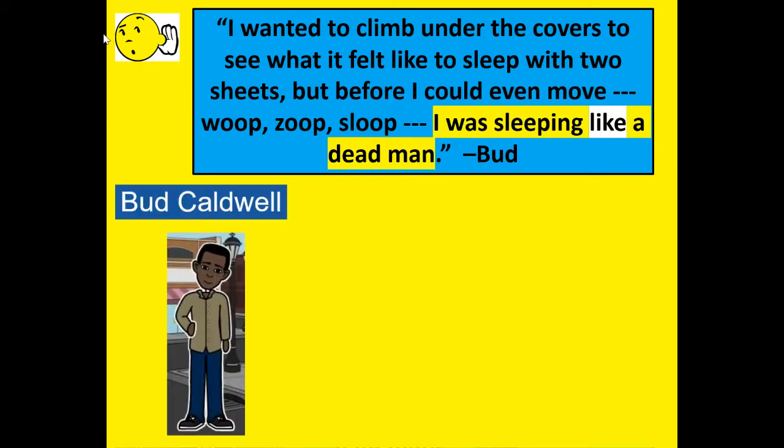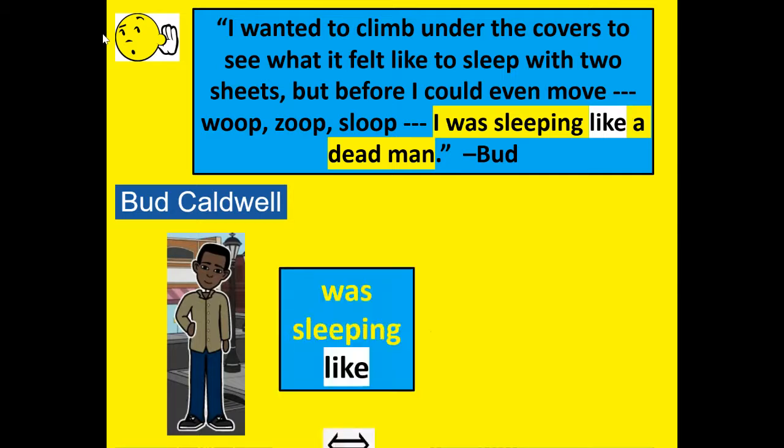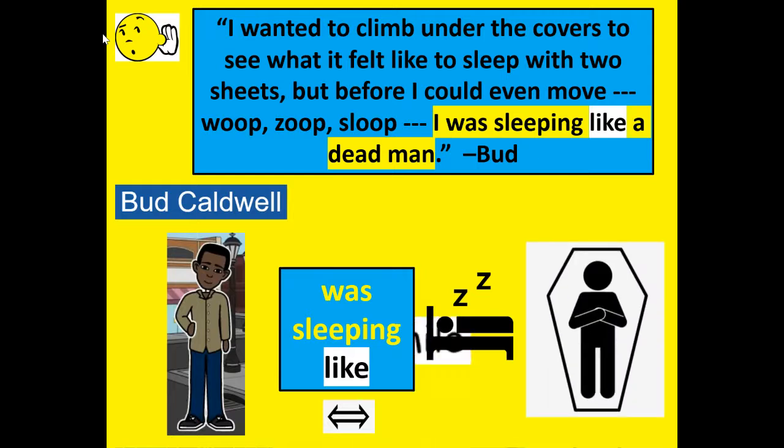So Bud Caldwell climbed into the bed, and before he could even move, he was sleeping like a dead man. And that is a simile because it's comparing how he was sleeping to sleeping like a dead man.